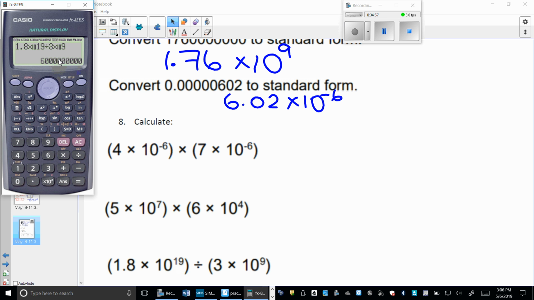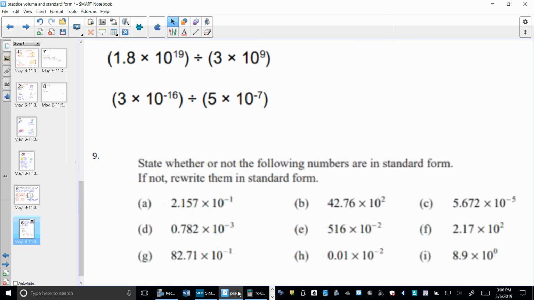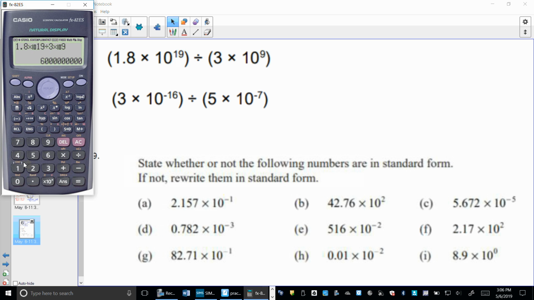We need to make sure that we can change that to standard form. Now, you're just going to have to make sure you know how to do it. Next one is 3, special button negative 16. Divided by 5, special button negative 7. Gives you 6 times 10 to the negative 10.